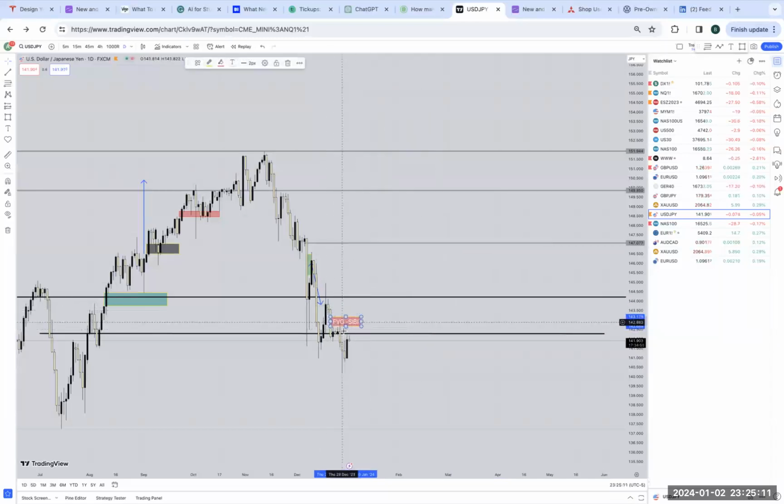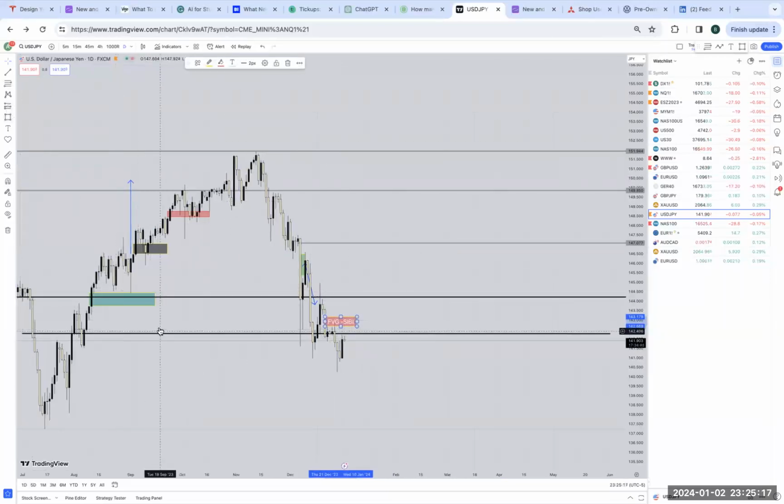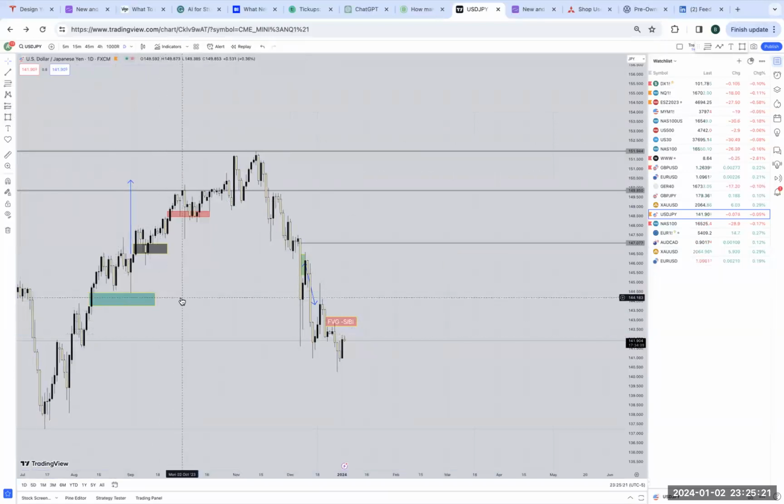So I want to see price potentially retest the zone again, and really look for reasons to continue on to the downside. There's also a secondary imbalance for a gap there that I think price might trade into. So I would like to see price continue to respect these levels and go down.